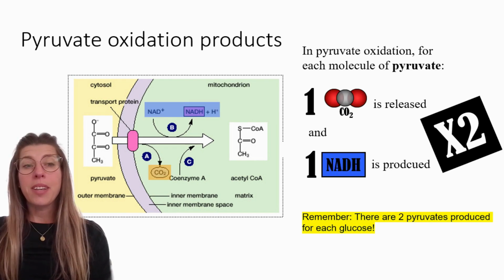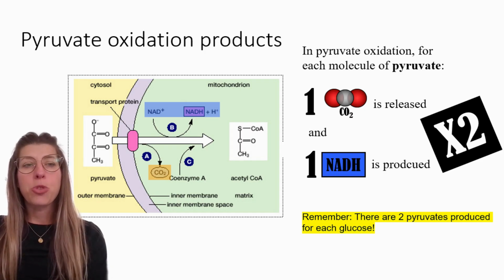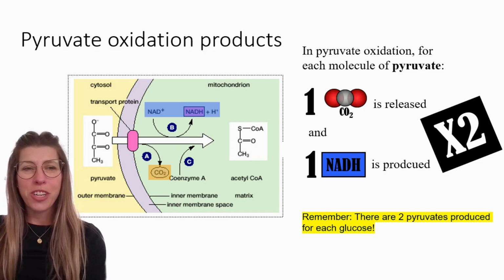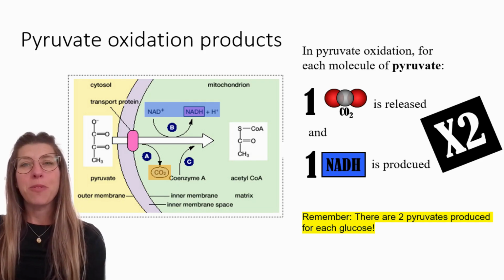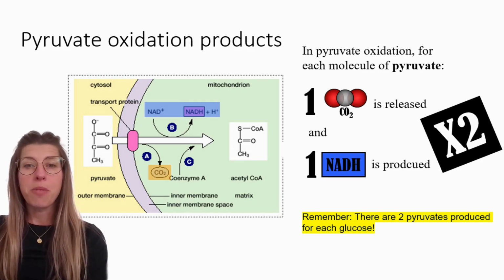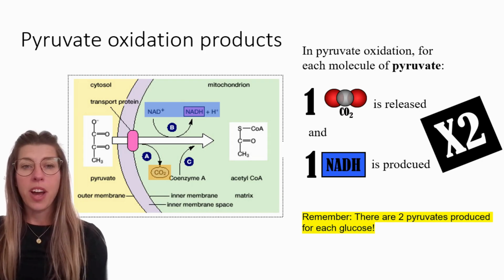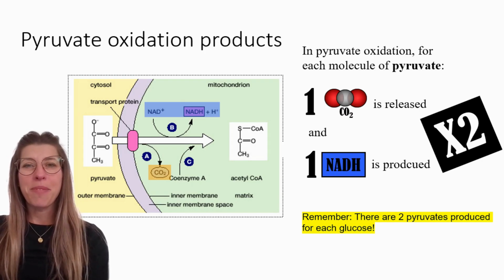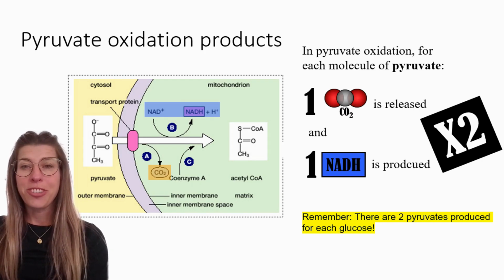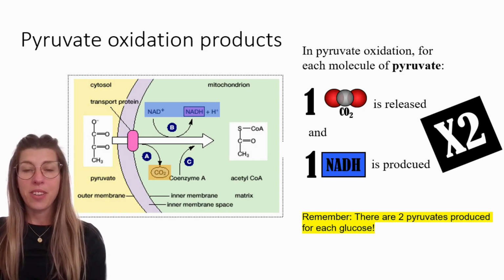So in a nutshell, in pyruvate oxidation, for each molecule of pyruvate, remember, this is showing what's happening with one, but there's actually 2 that are undergoing this transformation reaction. In this pyruvate oxidation, there is 1 carbon dioxide molecule that is released. You could see that in part A. It's highlighted in the diagram in orange.